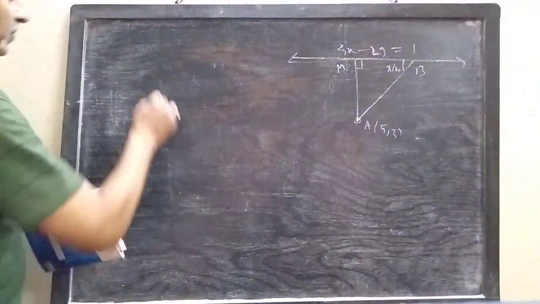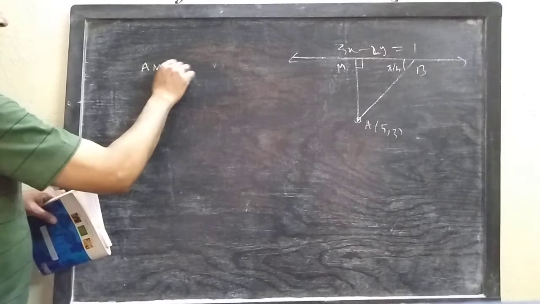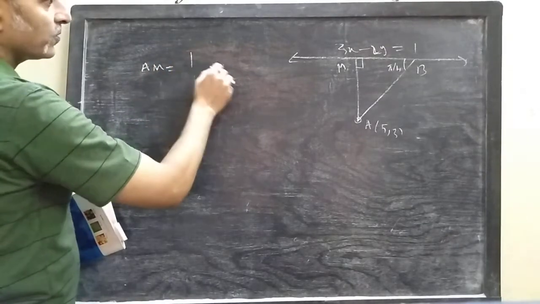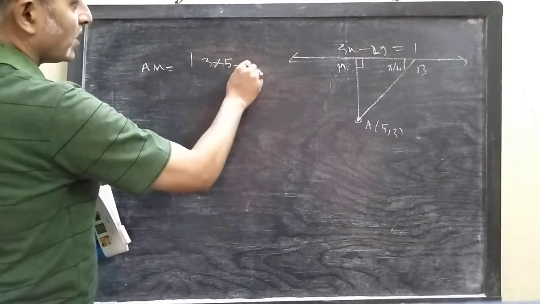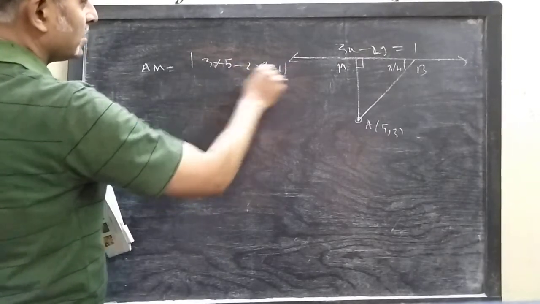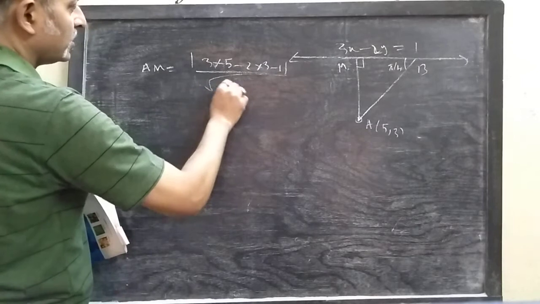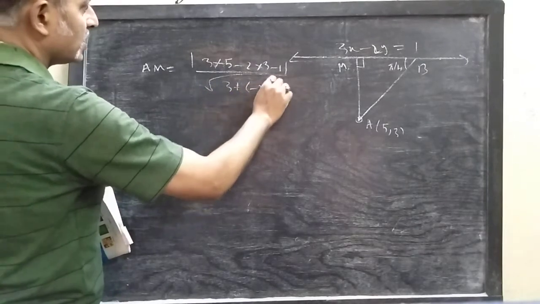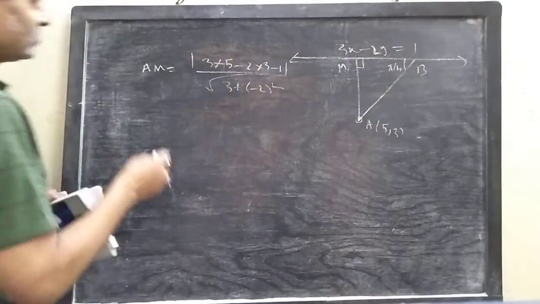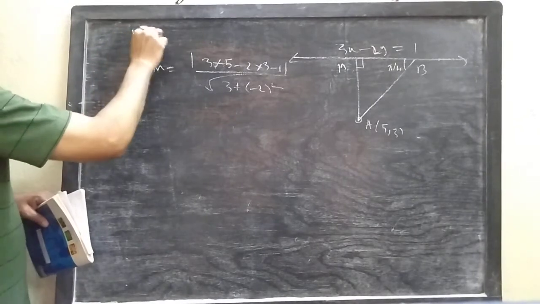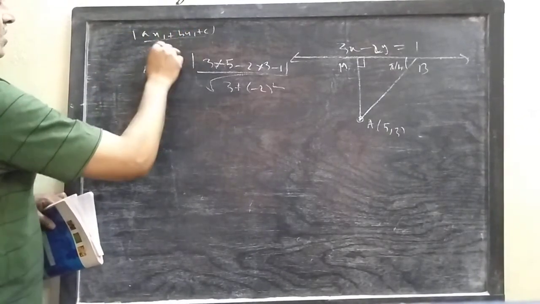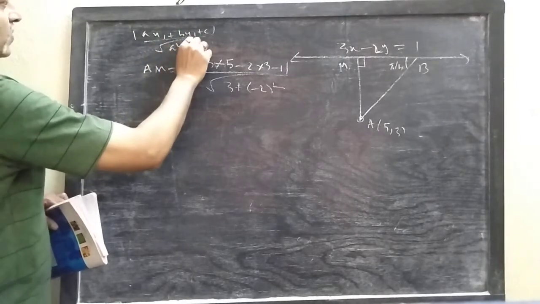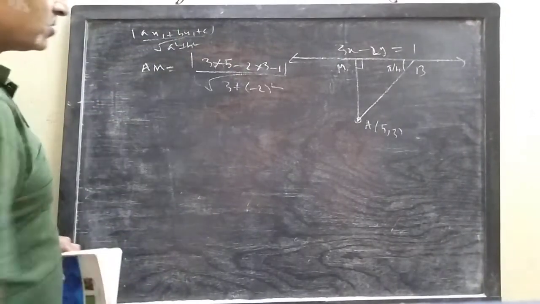First find AM. What is AM? AM will be mod of 3 into 5 minus 2 into 3 minus 1 divided by root over of 3 square plus minus 2 square. Recall the formula: mod of ax1 plus by1 plus c divided by root over of a square plus b square. This formula is used here.